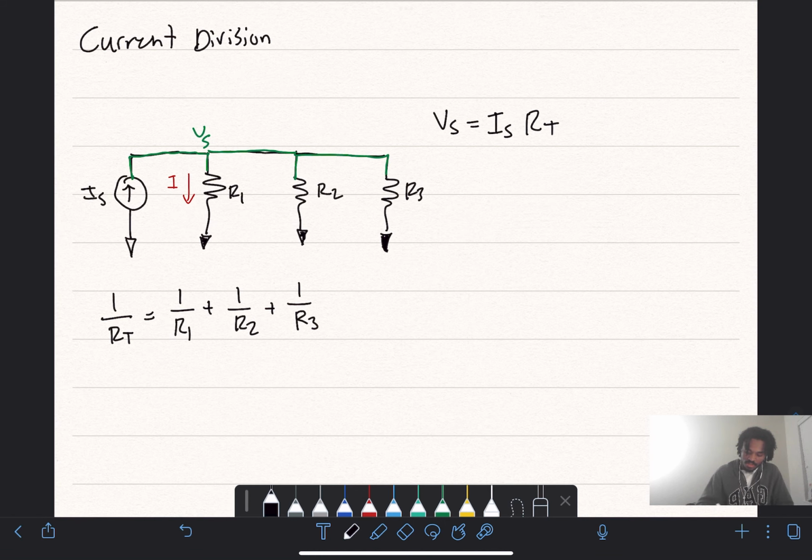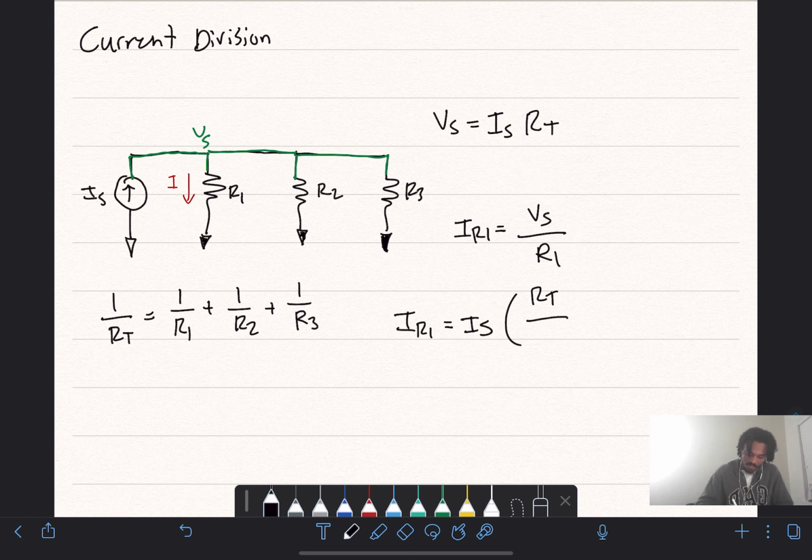So the current through R1 is going to be equal to that voltage, Vs, divided by the resistance, R1. And then we just do some substitution here. IR1 is equal to IS times RT over R1.